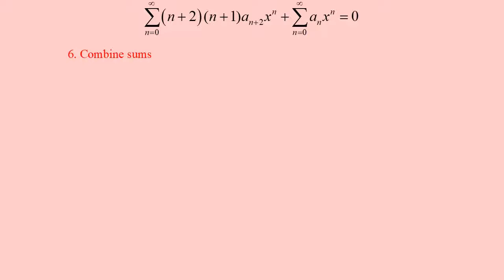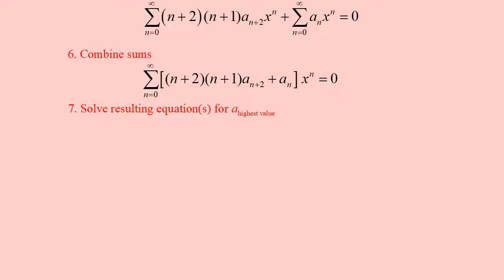And then, like we did in the previous chapter, we want to combine these two together. Since the x's match and the indices match, we can write this as a single summation. Now, we want to solve this for a sub whatever it happens to be using the highest value.